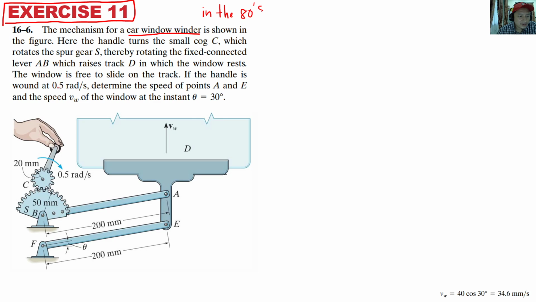If the handle is wound at 0.5 radian per second, determine the speed of points A and E, and the speed VW of the window at the instant theta is equal to 30 degrees. So this angle right here, 30 degrees.